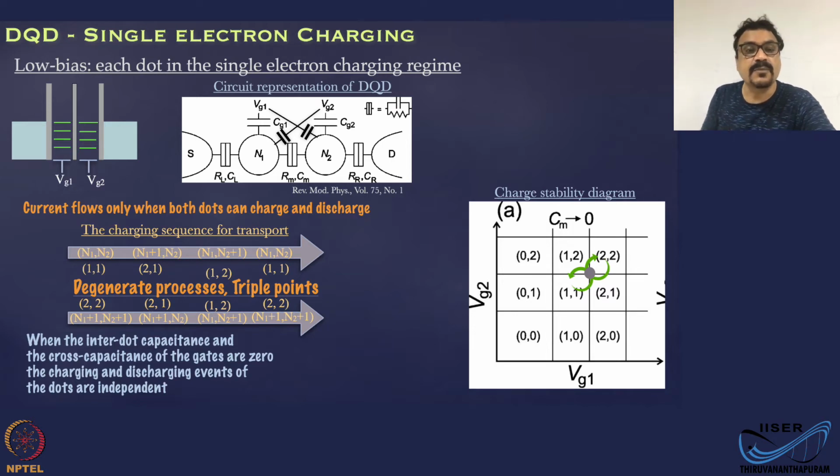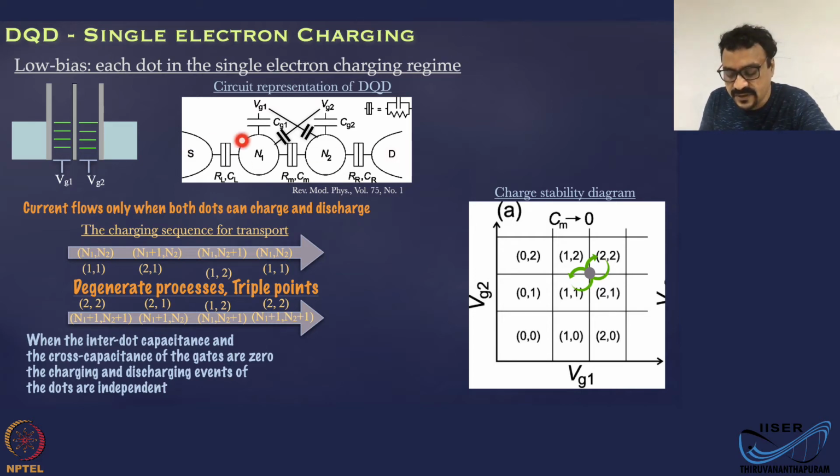In this discussion, I'm not concentrating on the single particle levels. What I have represented is the electrochemical potential of the dot with the different number of electrons. Those are not the single particle levels.